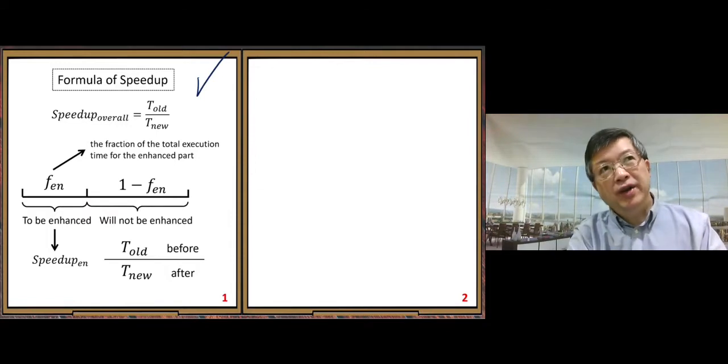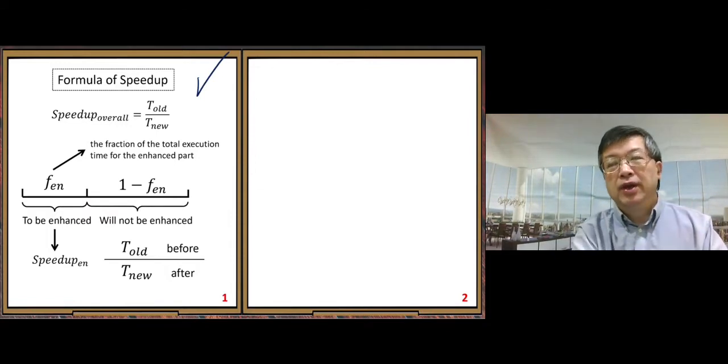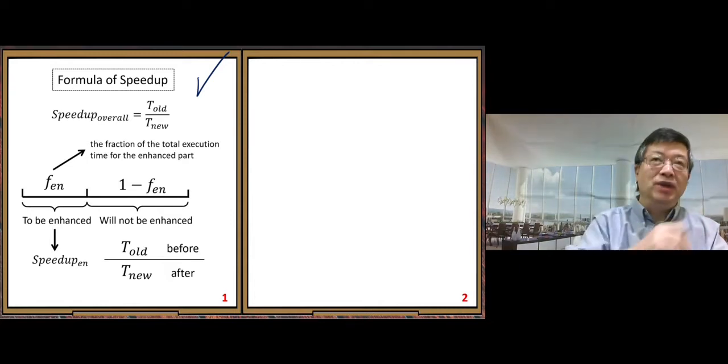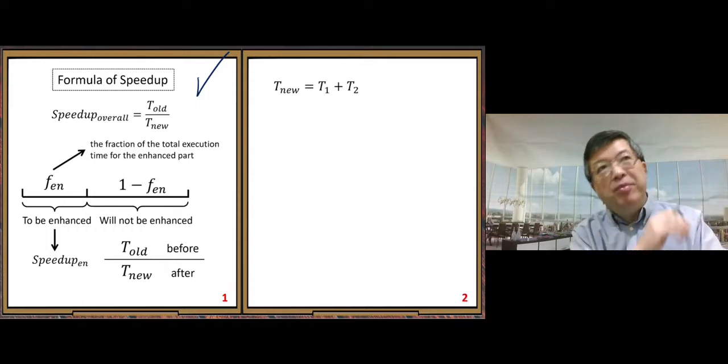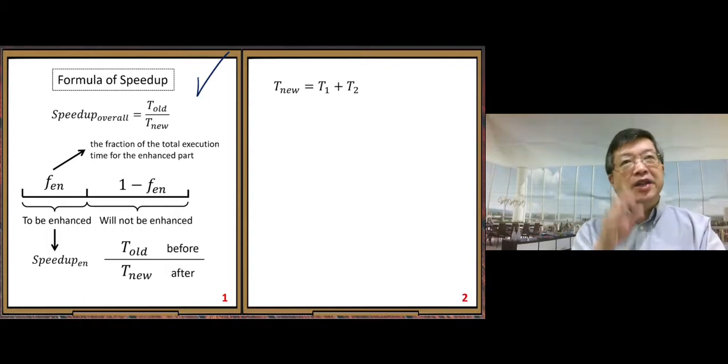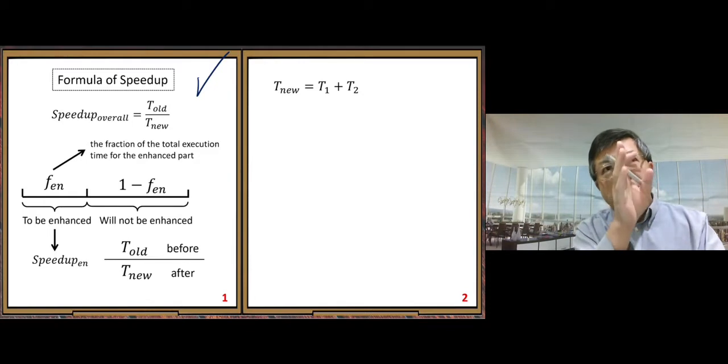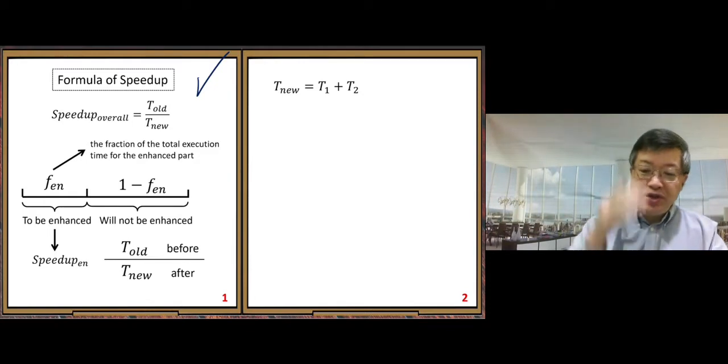So I put it here so we can still use the notations we used in the previous video. Now we are ready to derive the formula. First, let's look at the T new part. Let's try to represent the T new part. So we use T1, T2.